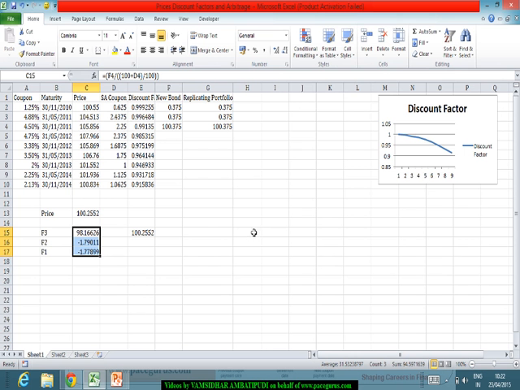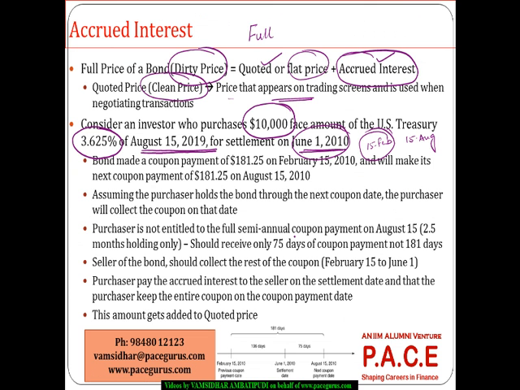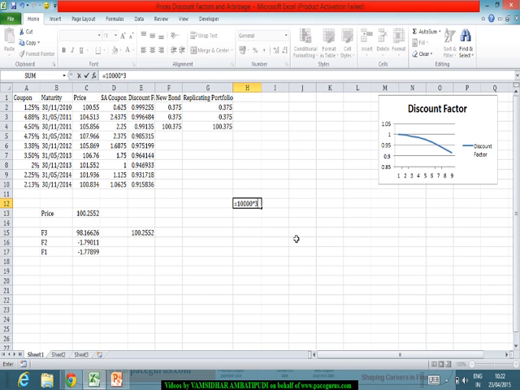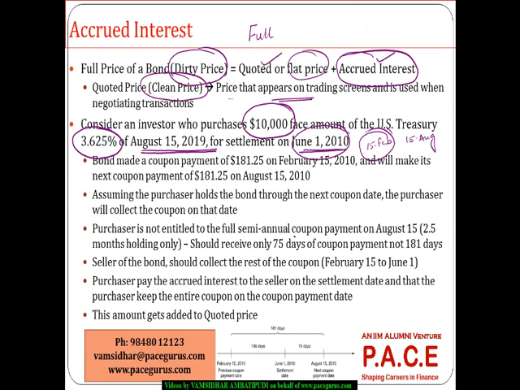10,000 is the face value times 3.625%, the annual coupon, divided by 2. So around 181.25 would have been paid on 15th February 2010, and the next payment is on August 15, 2010, another 181.25.